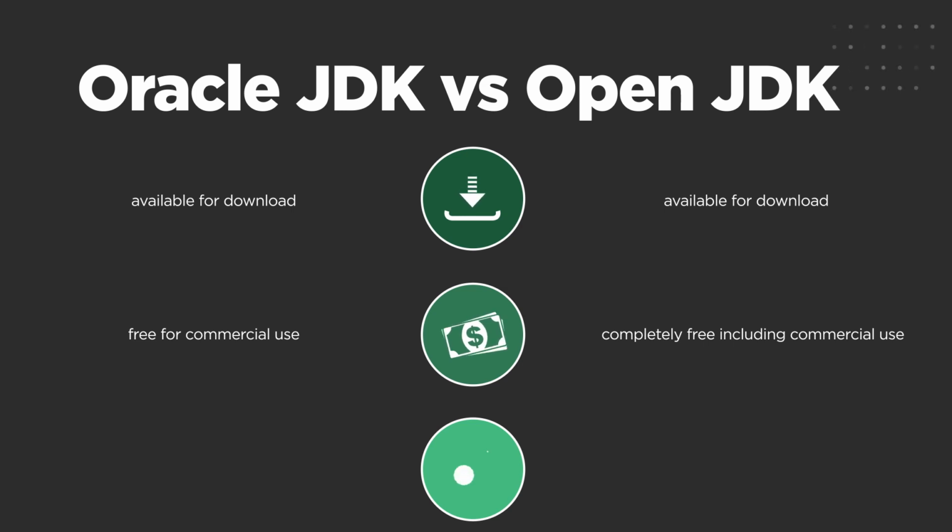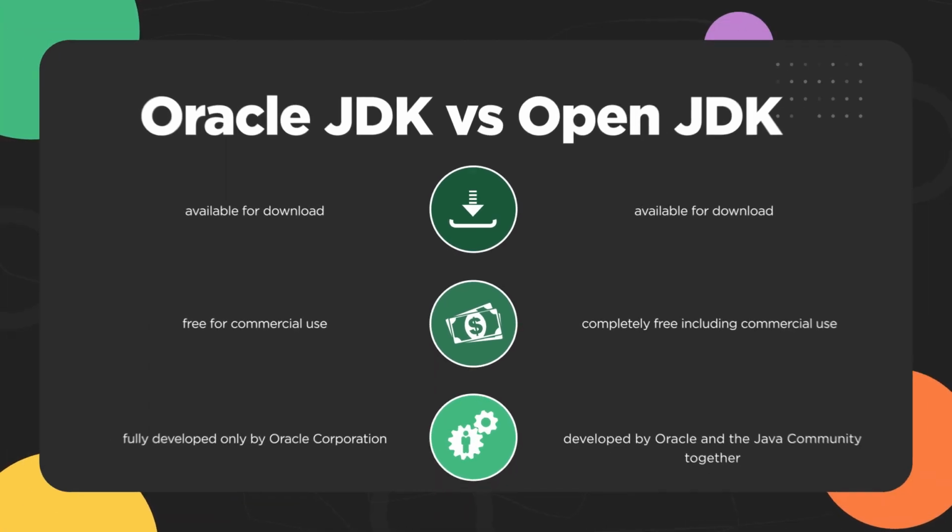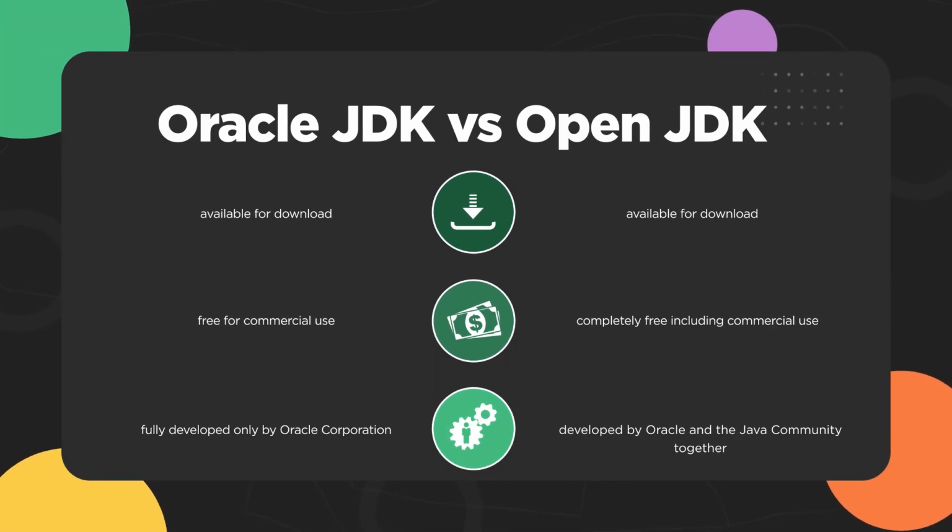For example, when it comes to performance, Oracle JDK is much better regarding responsiveness and JVM performance. Oracle JDK is fully developed only by Oracle Corporation, whereas Open JDK is developed by Oracle and the Java community together. So I recommend you to use Open JDK. This will allow you to learn the Java platform and to implement powerful applications.